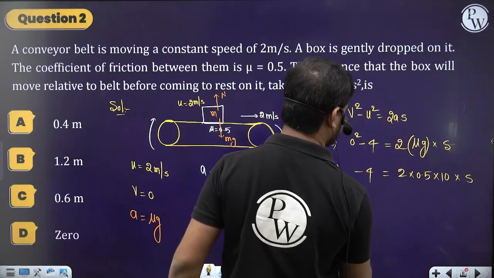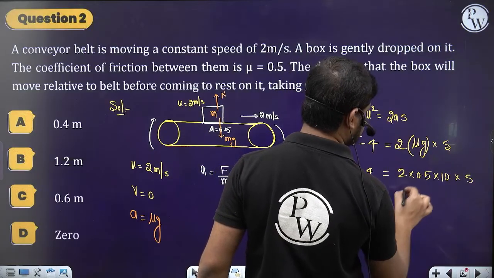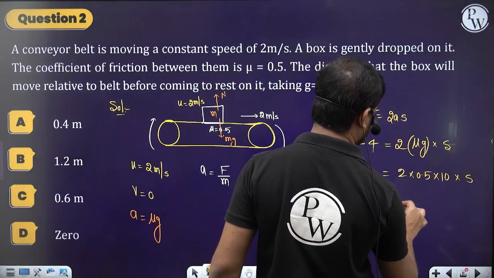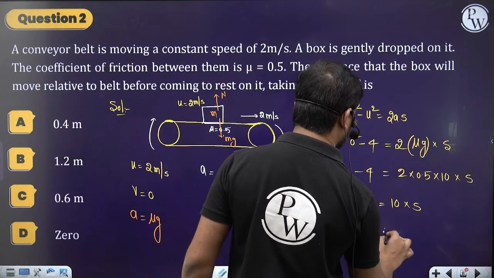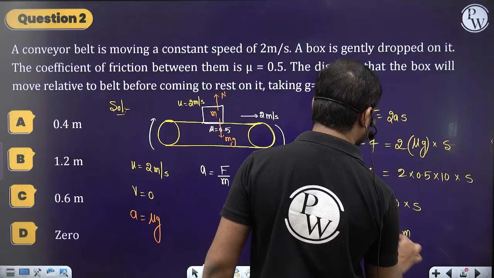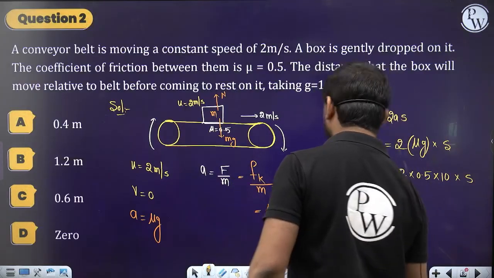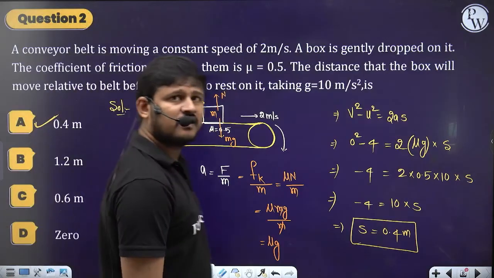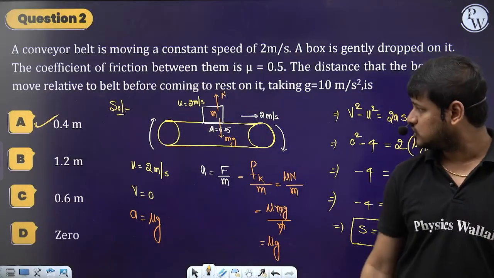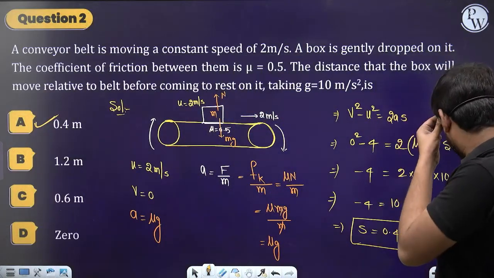So this comes out to be minus 4 is equals to 5 into 2, 10 into s, so s is equals to 0.4 meters. So this minus indicates to the left, so the s is equals to 0.4 meters. Clear? Understood? Chalo. Let's move further.